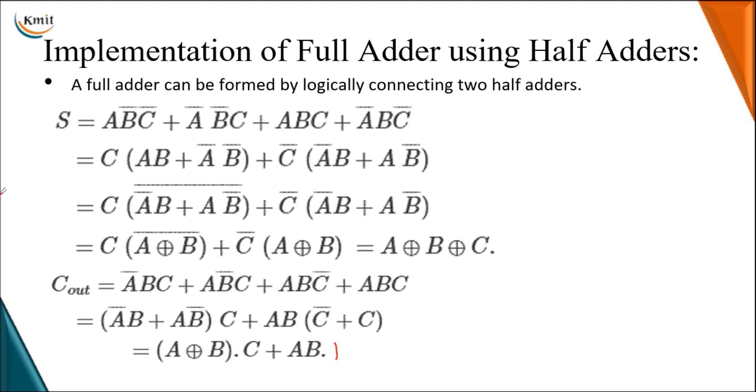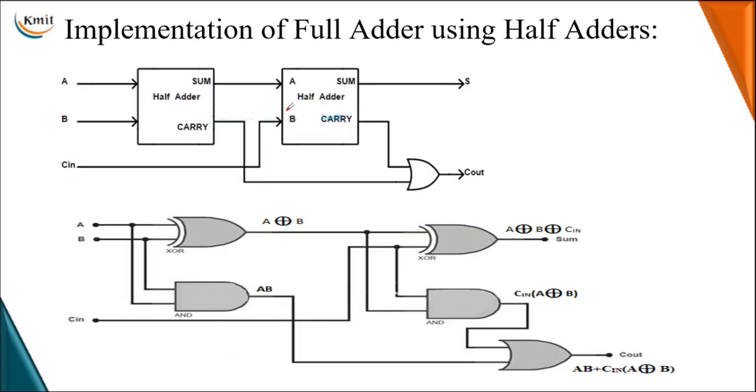In order to draw the logic diagram of the full adder using two half adders, we are going to use these two output expressions: summation is equal to A exclusive OR of B exclusive OR of Cin, and Cout is equal to A exclusive OR of B, AND Cin, plus AB. Using two half adders, we can implement the full adder circuit. The first half adder takes A and B as its two inputs and generates the summation and carry output.